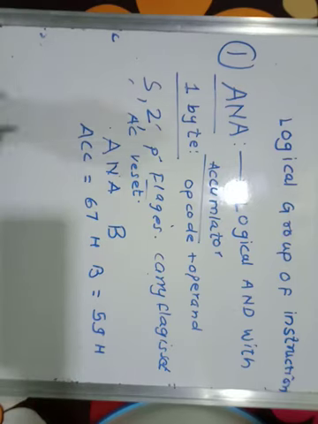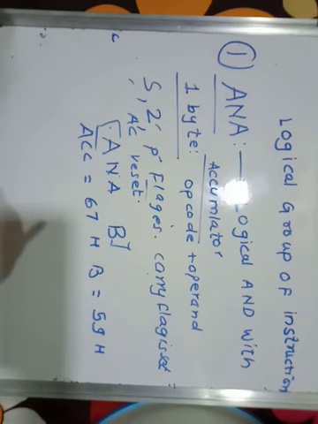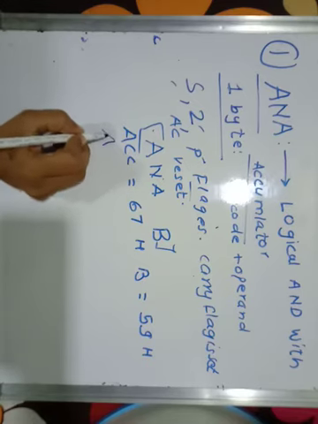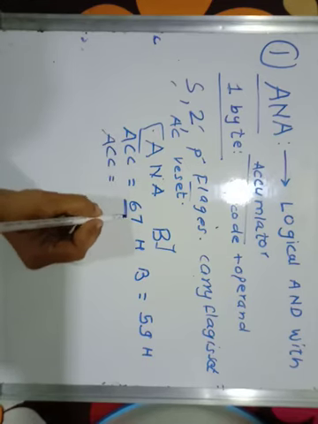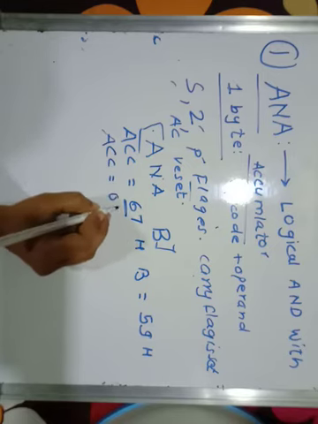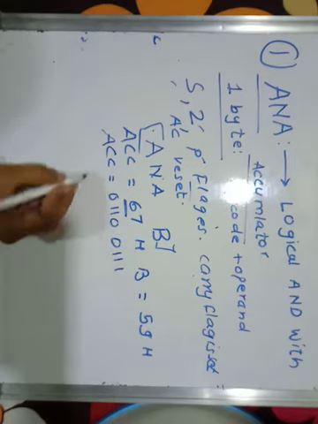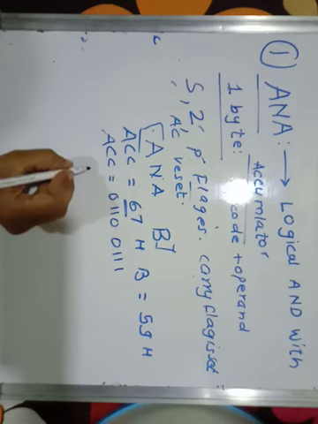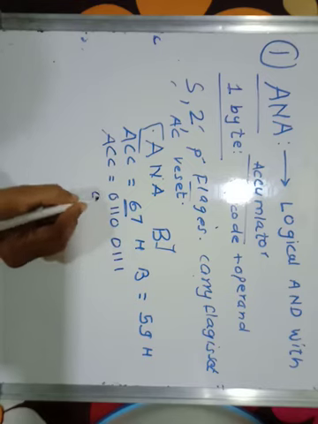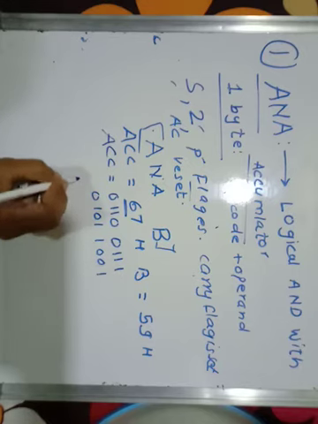So after the execution of this instruction, first of all, convert these contents into binary. So the accumulator will be 0 1 1 0 0 1 1 1. This is the content of accumulator. Now you have given the content of register B, so it is 0 1 0 1 1 0 0 1.